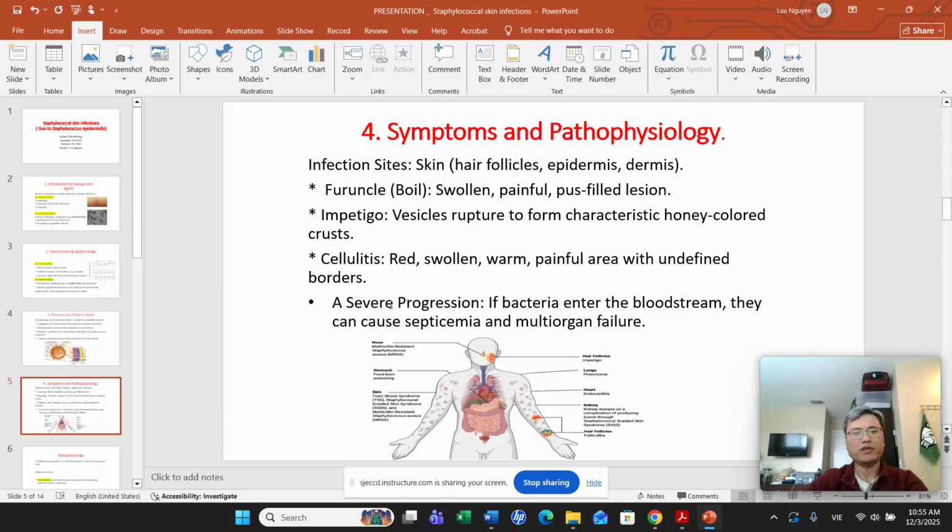In case of severe progression, if bacteria enter the bloodstream, they can cause septicemia and multi-organ failure. We can see here, besides skin and hair follicles, they can cause disease in the stomach, nose, lungs, heart, and kidney.